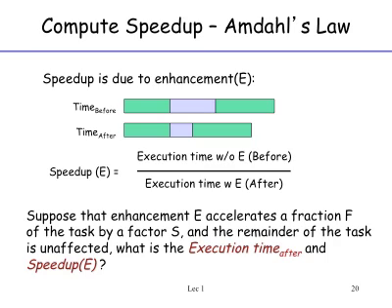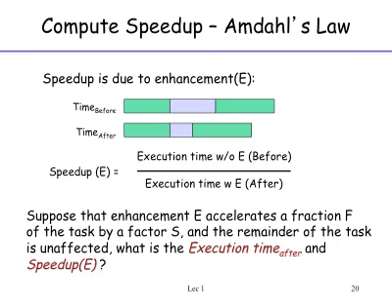What we see here is that time before has three segments: green, blue, and green. And time after also has three segments: green, blue, and green. What's illustrated here is that for some portion of the task, this green part in the time before is reduced to this because of a certain enhancement to the architecture.